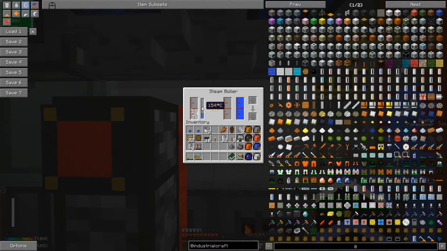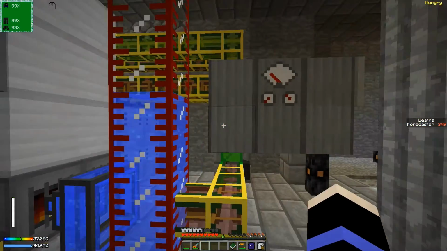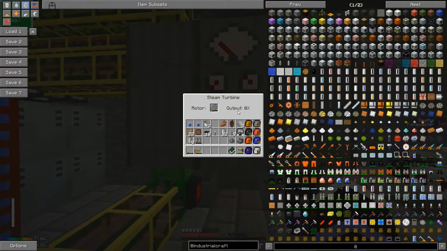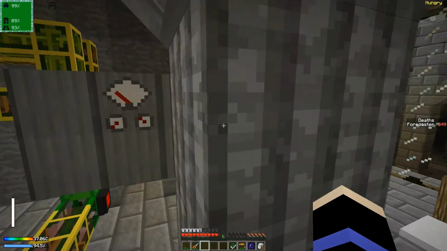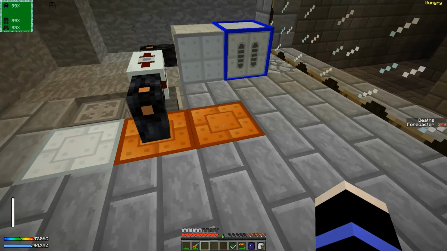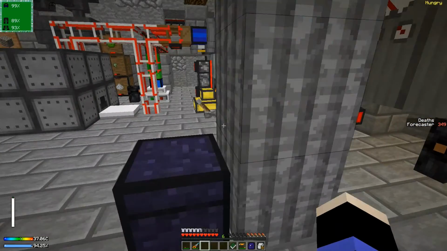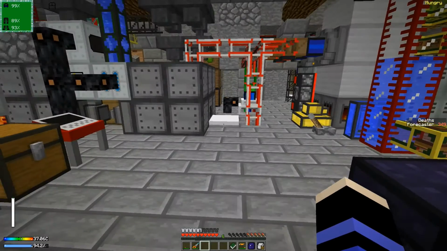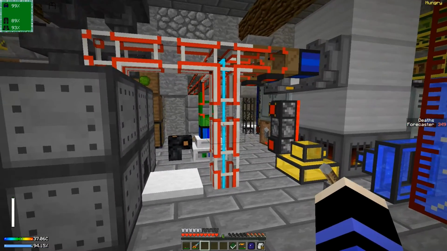Right, so the boiler will start producing more steam as it heats up. So it's not producing enough steam at the moment to power all of the devices yet. But it probably will by the time we start to run low on power, hopefully.